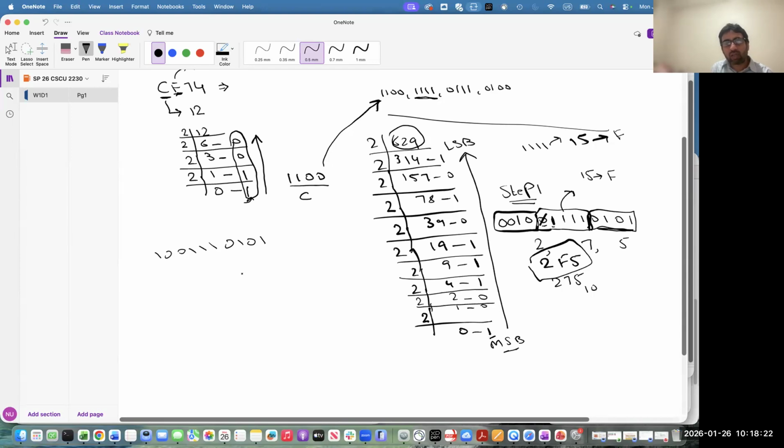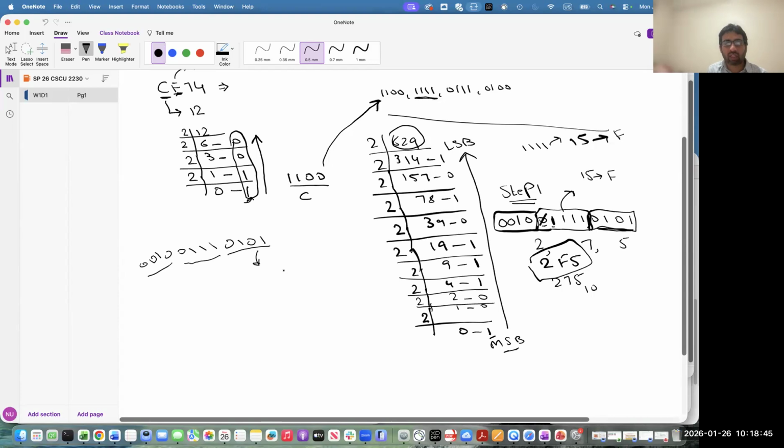After getting the binary, I group them in groups of 4 bits. So 4 bits, 4 bits, and I also add only two zeros here, right? Now I simply convert it into hexadecimal form.